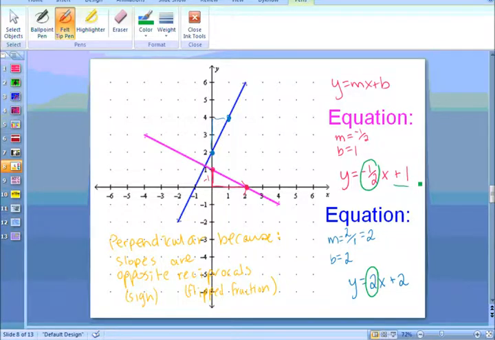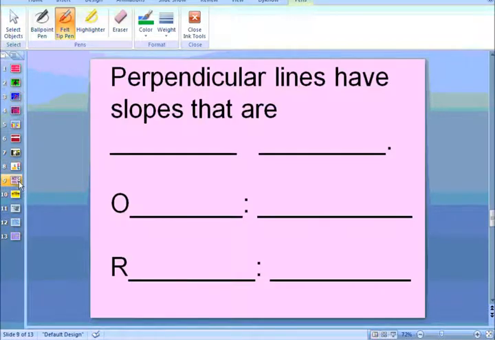It has nothing to do with these y-intercepts. It does not matter what the y-intercepts are. We're looking only at the slopes. So perpendicular lines have slopes that are opposite reciprocals.